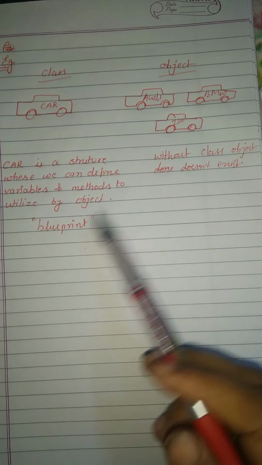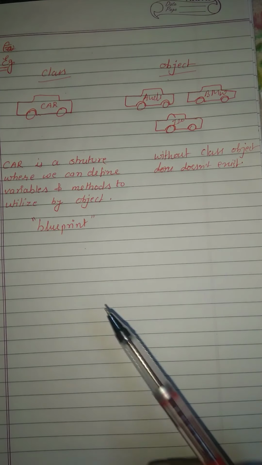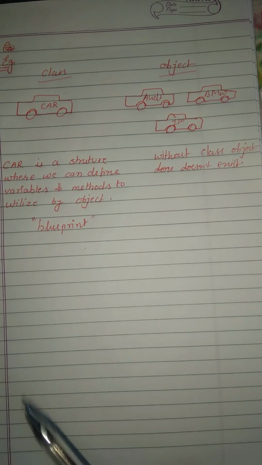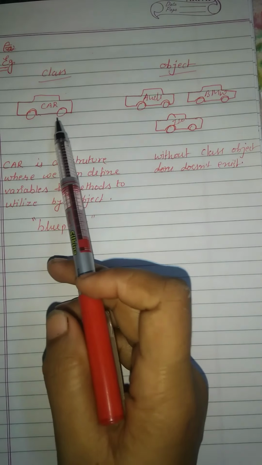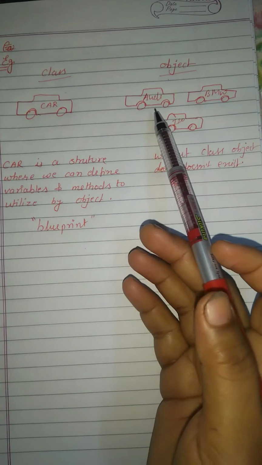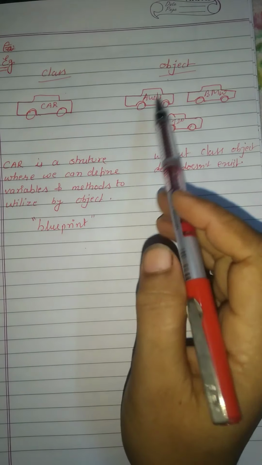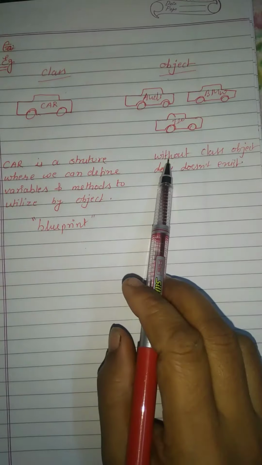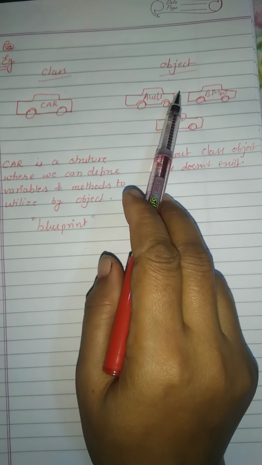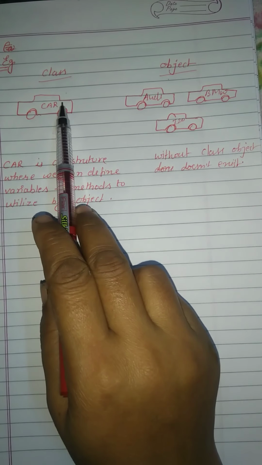From that they acquired the properties of the car, added some more features, and released different versions of the car. It is the structure of the car, then they added more features and got the different versions. So without a class, an object does not exist, but without an object we can use the static functions of the class.